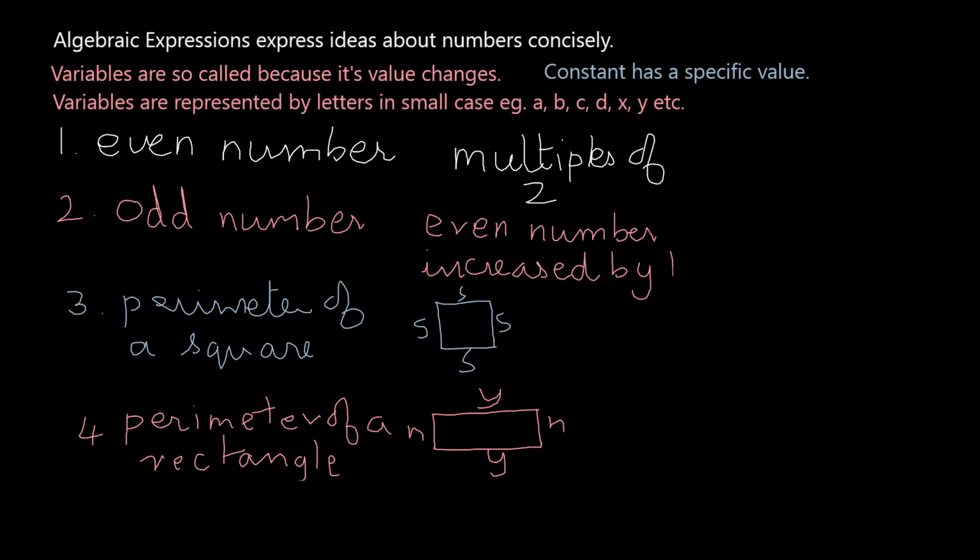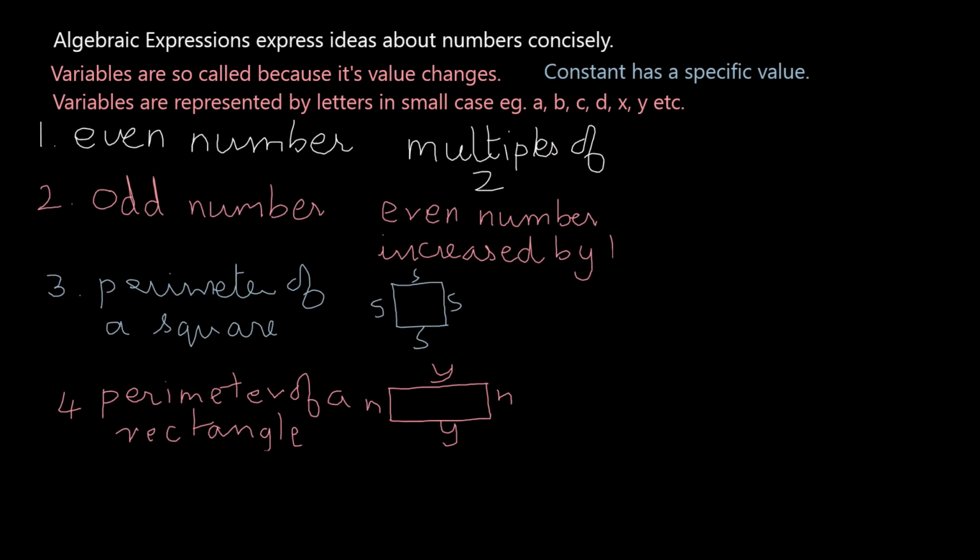Let's make some space for us to write the expressions. Here we go. The first one, since you're all aware of factors and multiples, is an even number, a multiple of 2. Therefore, I'll call an even number 2 times x.